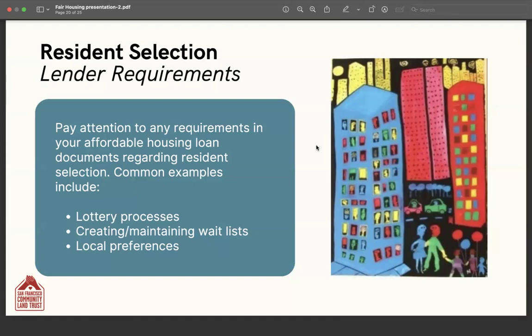So pay attention if those things are listed, and those preferences are often dictated by statute. So local laws have been passed around that process, and you can get more information from the people that work in local housing departments and other applicable departments.